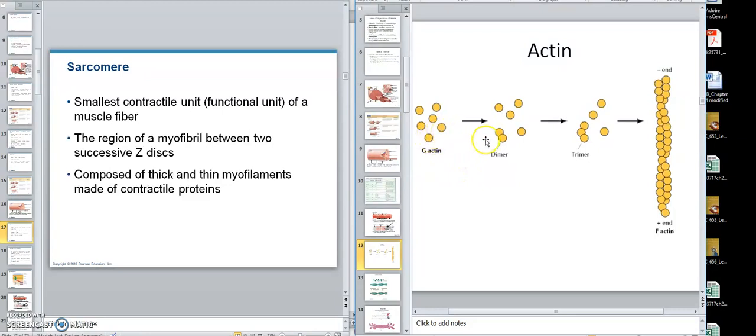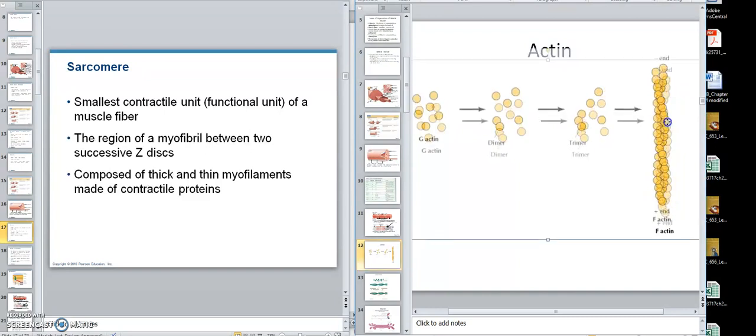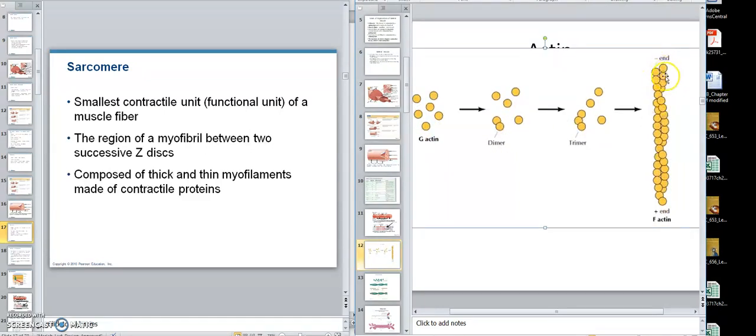That means hook up. So we're hooking up these G-actins. And then we hook up more and more and more until we finally come with a chain of this. And we're going to call that F-actin. Then I'm going to take two F-actins and wrap them around like a wrapped around pearl necklace. And that right there is going to be what we call actin. This is the actin that you see.